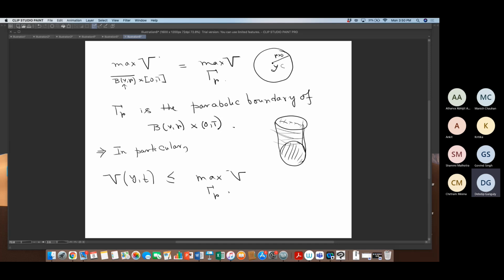Is that clear? B_r means all points here, right? So I'm just taking in particular a point y. So V(y,t) is less than the maximum of V. This is always less than the maximum of V, for all y, for a fixed y.